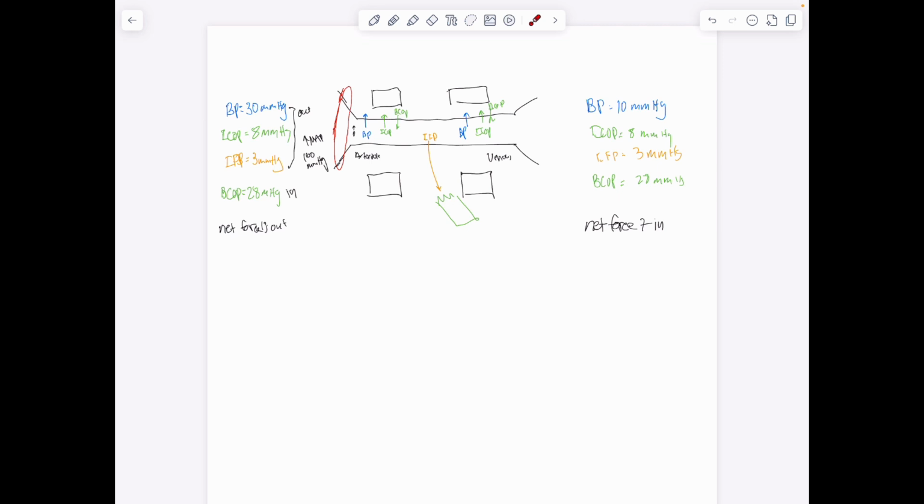If that is increased above 160, our hydrostatic pressure, which is our blood pressure, and our IFP are both going to increase. And so we're going to have more fluid on the outside here, and that's going to cause edema. So one example that could cause edema is if our MAP is steadily increased above 160.